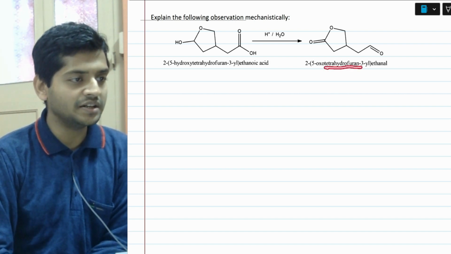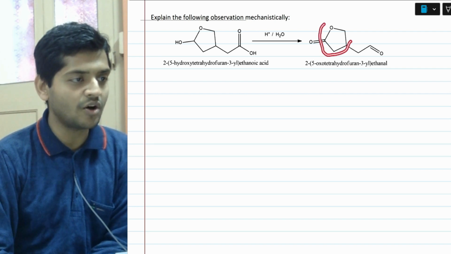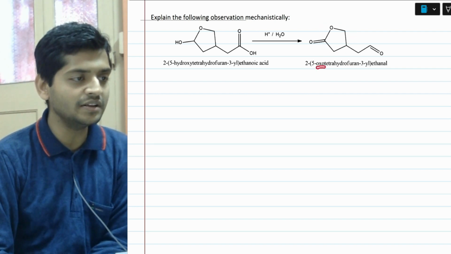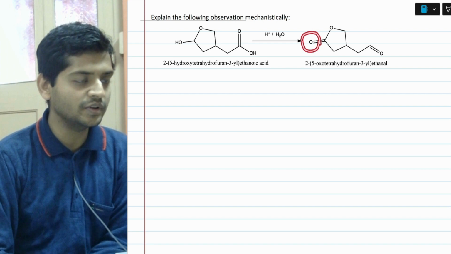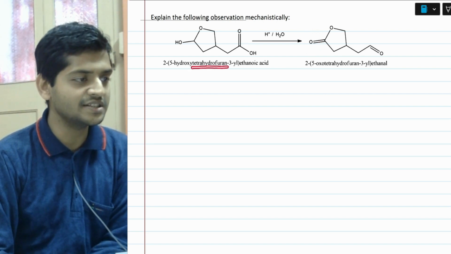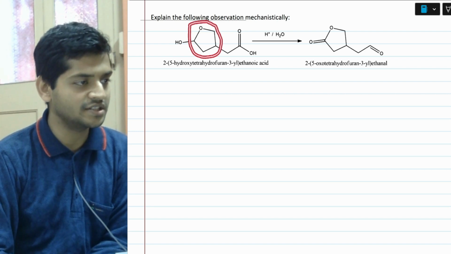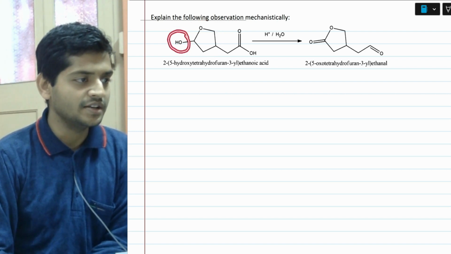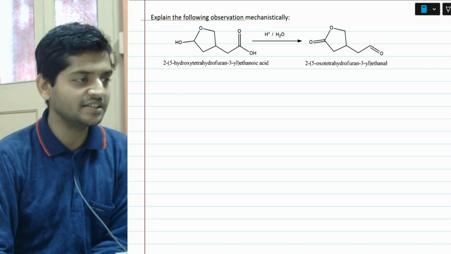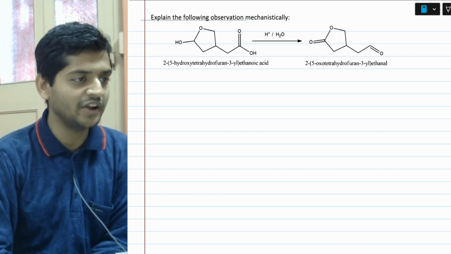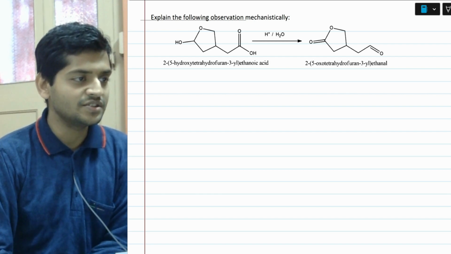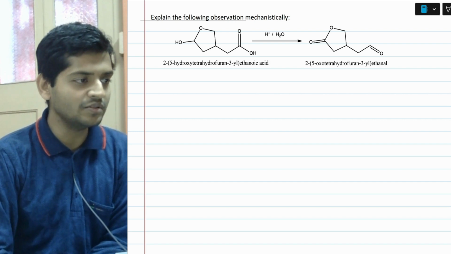On the right hand side molecule, you can also see the tetrahydrofuran and the ketone group, whereas on the left hand side you can see the tetrahydrofuran and the hydroxyl group. So this is 5-hydroxy because it is in the 5th position of the tetrahydrofuran ring. So let us go step by step now.